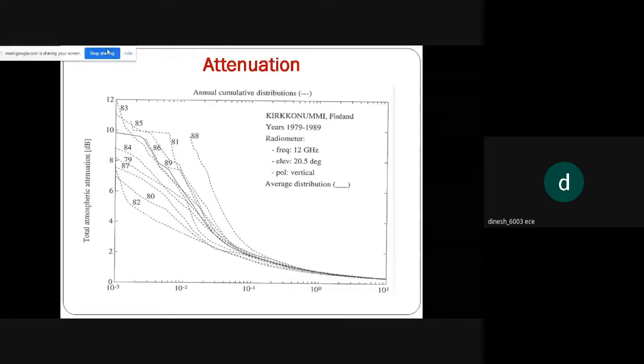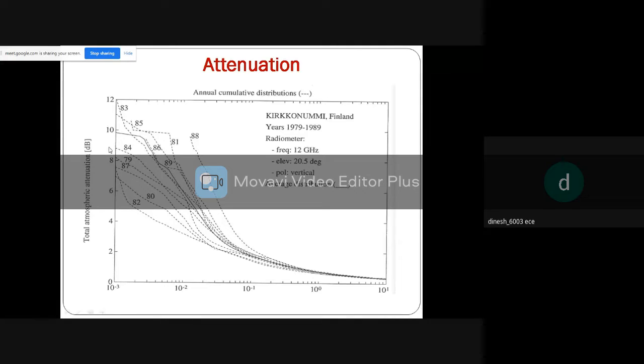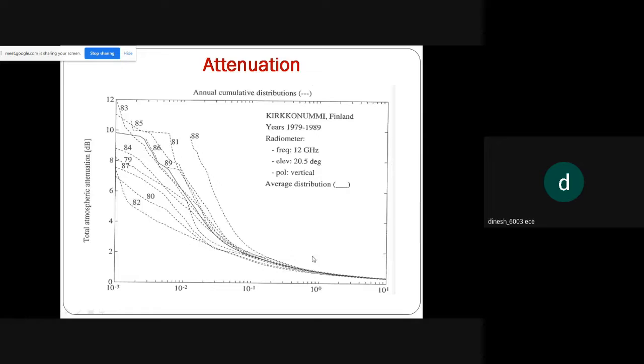So in the year 1986, the attenuation was around 9.8 or 9.7, which is the dashed lines. So that was in mid year. Then in 1987, it came around 8.2 over the frequencies.